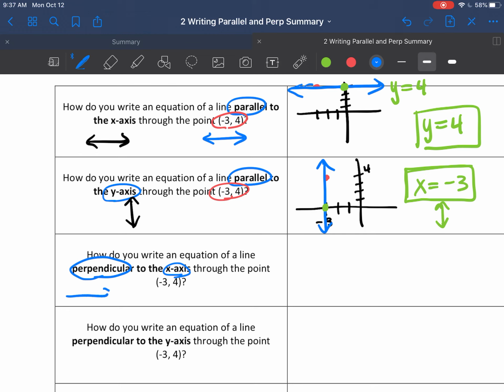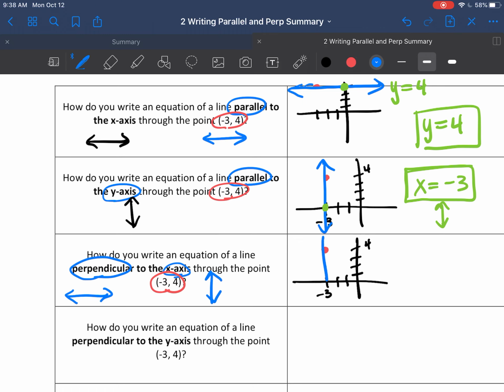Okay, next example, perpendicular to the x-axis. The x-axis looks like that, and so perpendicular to that would look like this. And so let's sketch our picture. -3, +4 is that point.